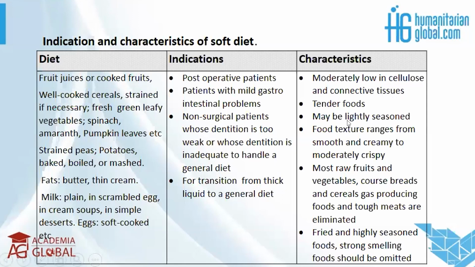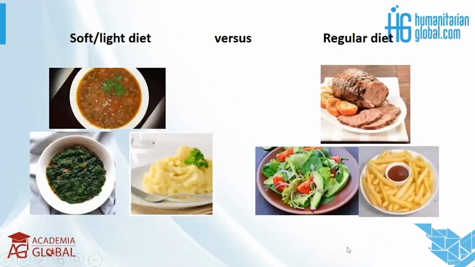Tender foods may be highly seasoned if desired. Food texture ranges from smooth and creamy to moderately crispy. Most raw fruits and vegetables, coarse breads and cereals, gas-producing foods, and tough meats are eliminated. Fried and highly seasoned foods, strong smelling foods should be omitted.